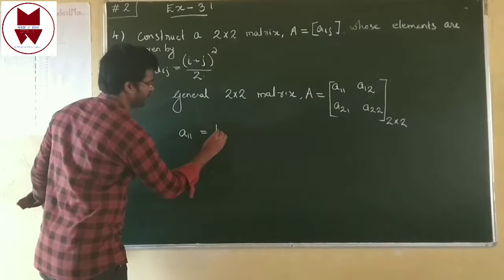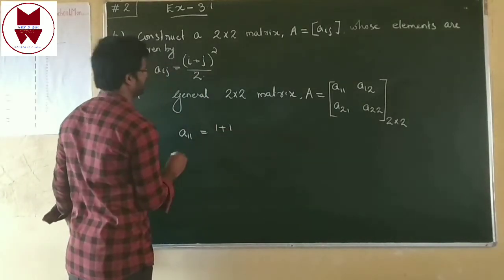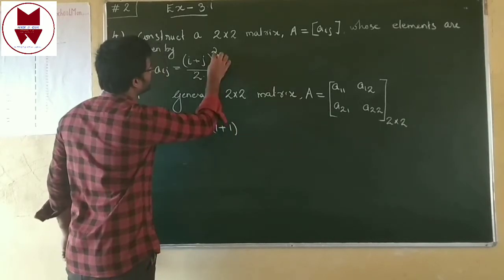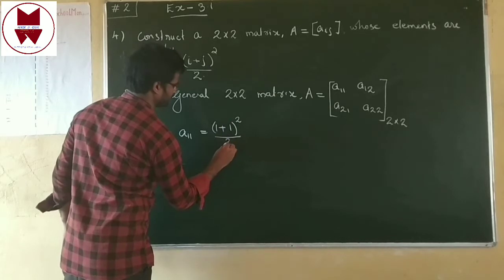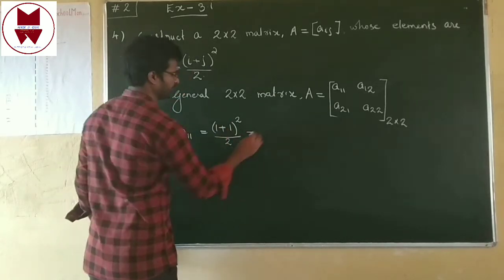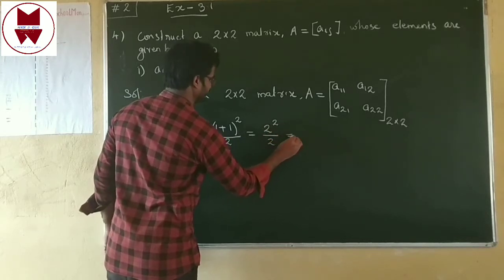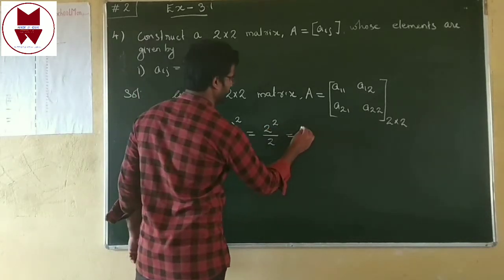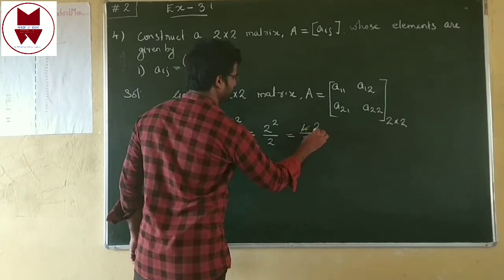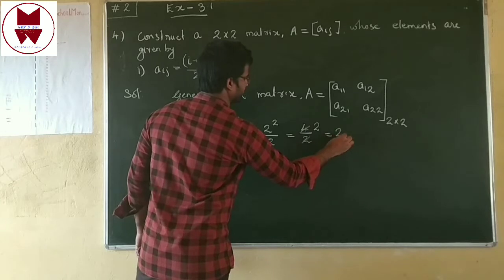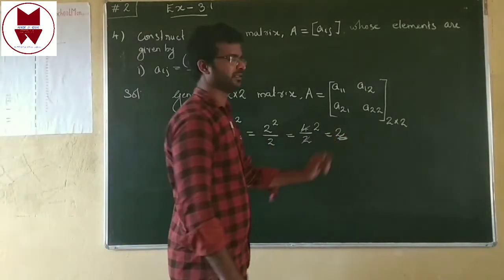So 1 plus 1, all square, divided by 2, equal to 1 plus 1 is 2, 2 square by 2. 2 square means 2 into 2, 4 by 2. You can cancel the common 2. So the first term A11, we got the answer 2.